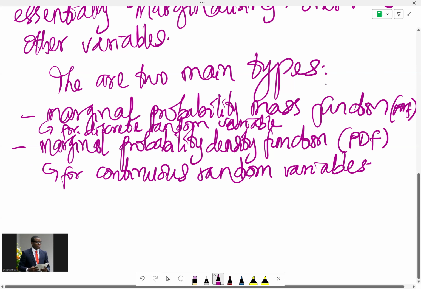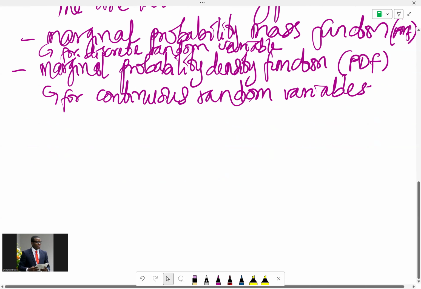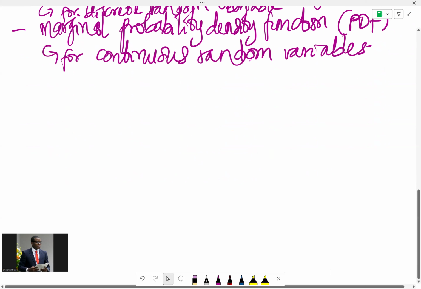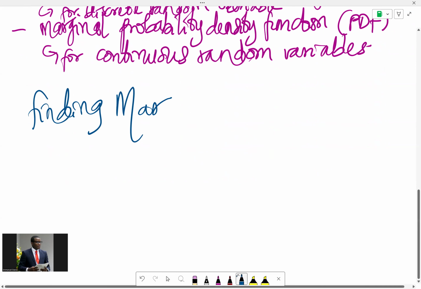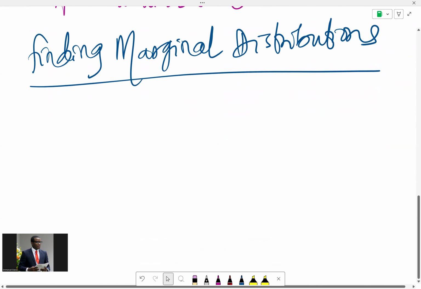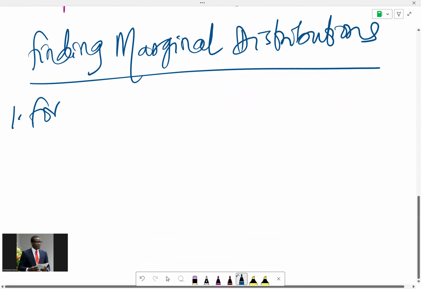Okay, all right, so let's talk about how to find marginal distributions. First, we talk about the discrete random variables.